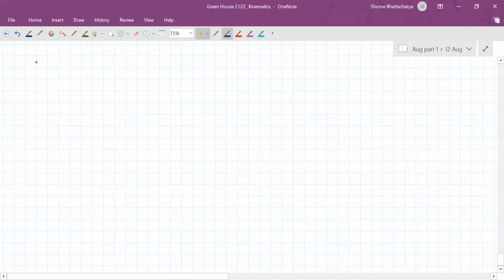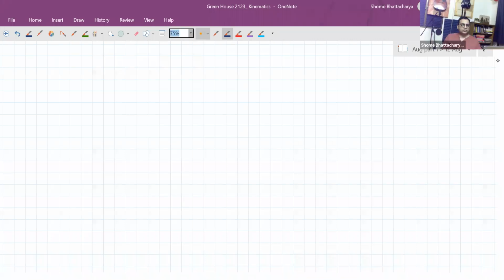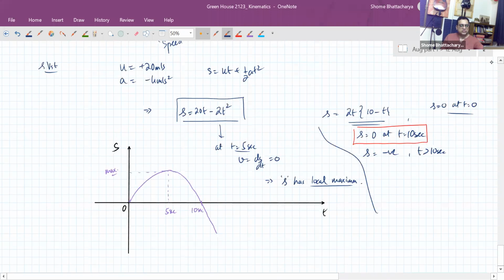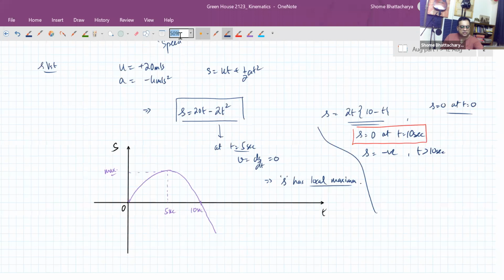So can you scroll up? Yeah. Now in the same problem, we will just solve one more interesting thing. Okay. Just a second, let me minimize this a little bit.